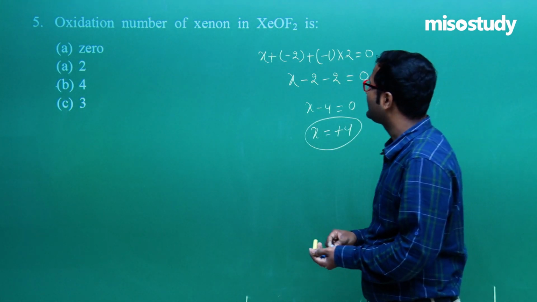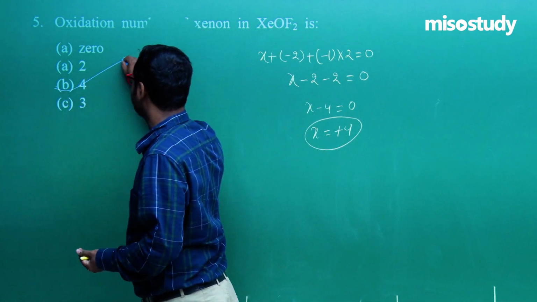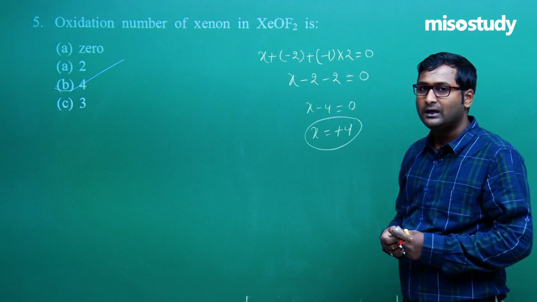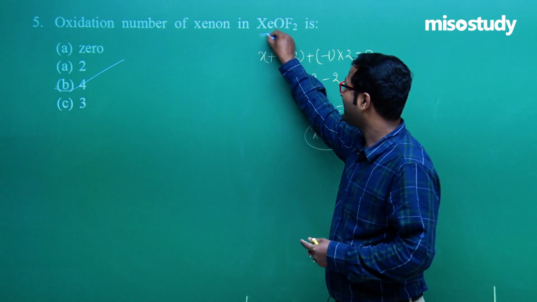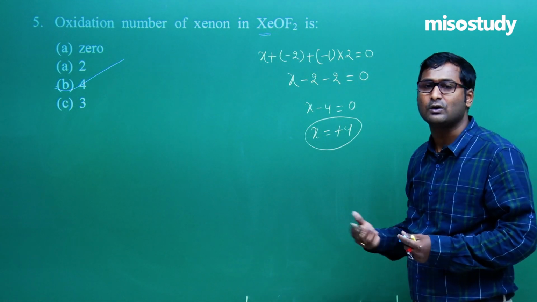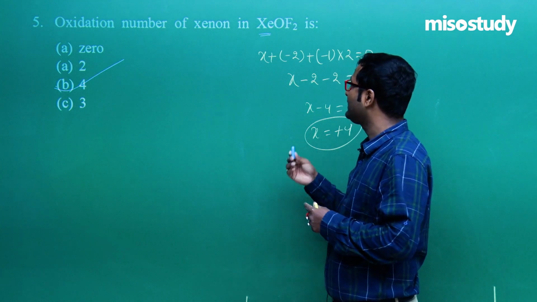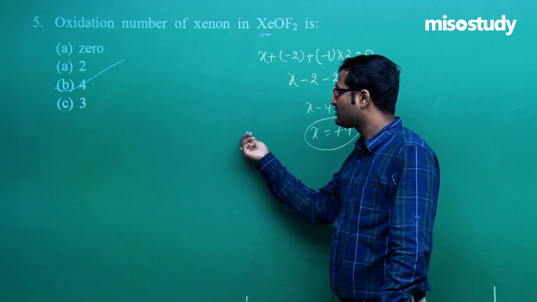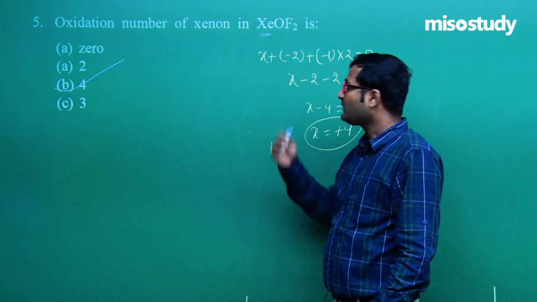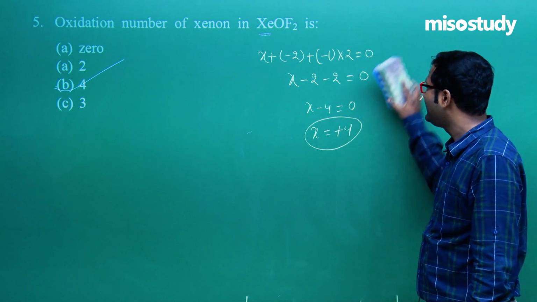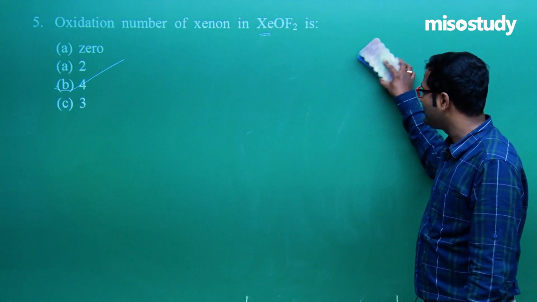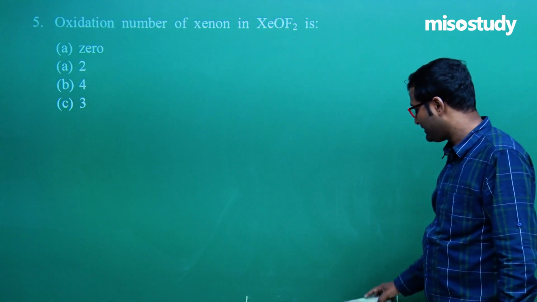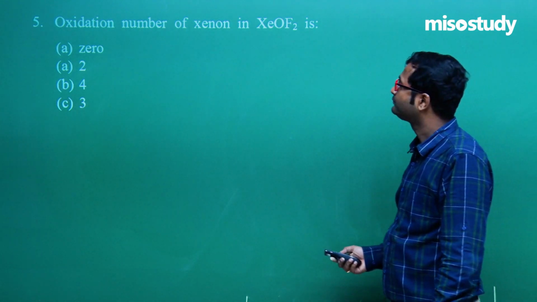So in this case, the oxidation state of xenon is 4. Generally, except xenon, all inert gases have oxidation state equal to 0. There are lots of exception cases also. But generally, xenon has a tendency to form compounds, so it will have a certain oxidation state except 0.